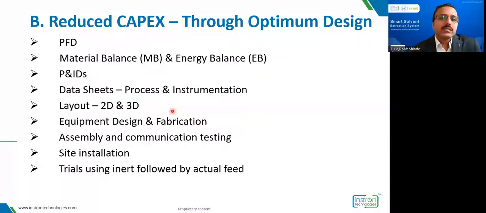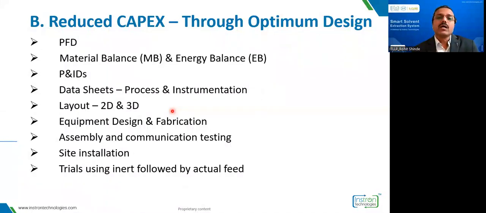Another aspect of the user need is reduced capex. What do I mean by reduced capex? If the supplier has the capability to think from the R&D point of view, they can design or size the equipment accordingly, so the expenditure on the equipment will be lower.